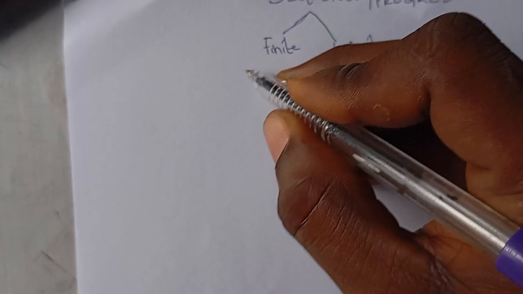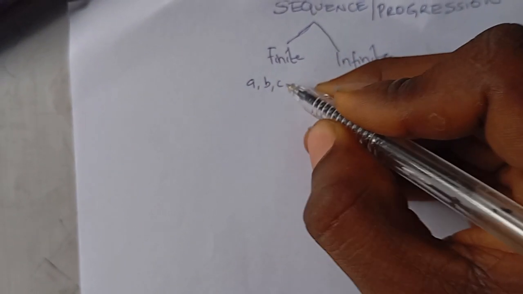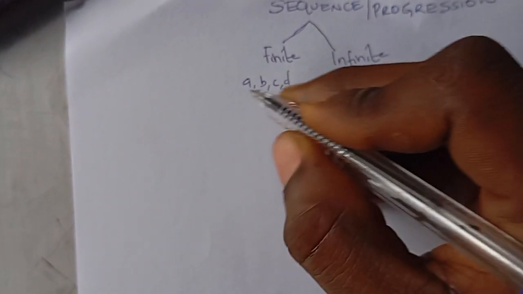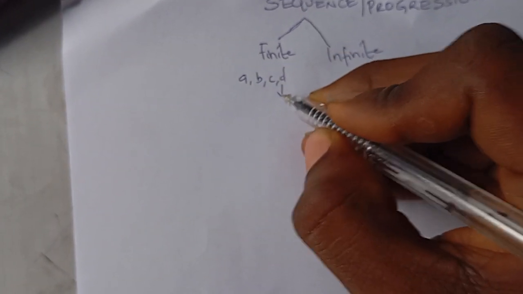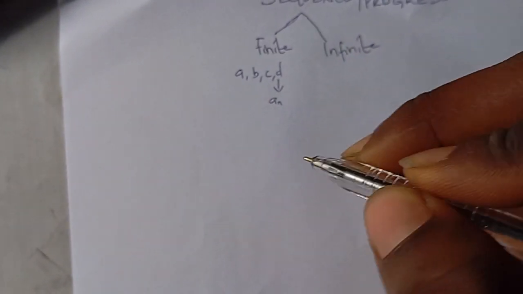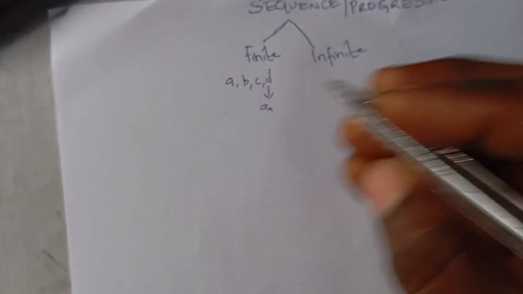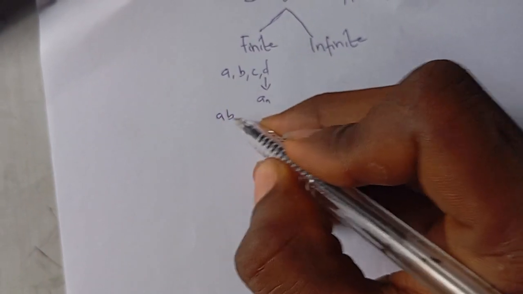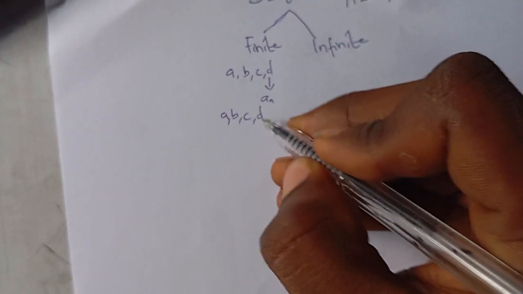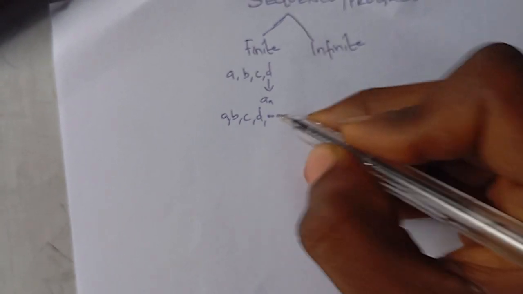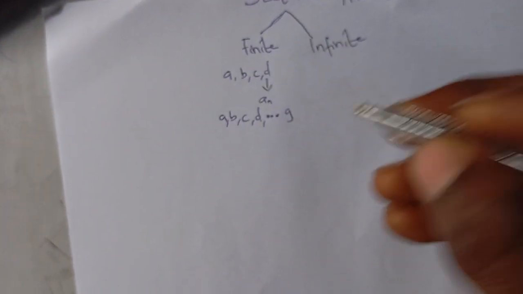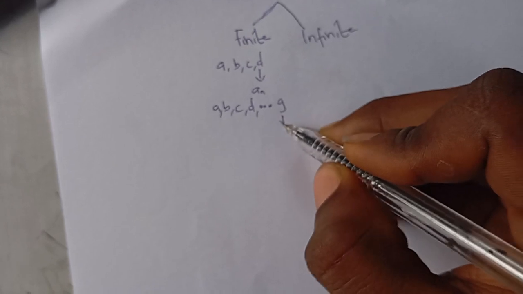Let's say, for example, I have A, B, C, D. If it stops here, then the nth term, An, is this. Very important. Let's say we have A, B, C, D, dot dot dot, G. Then the nth term is this.